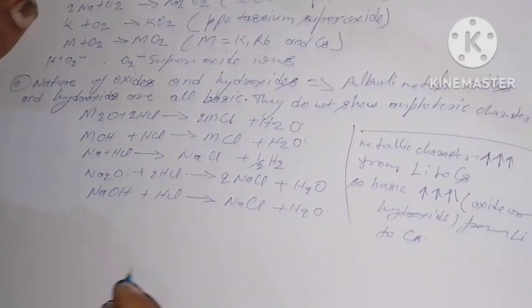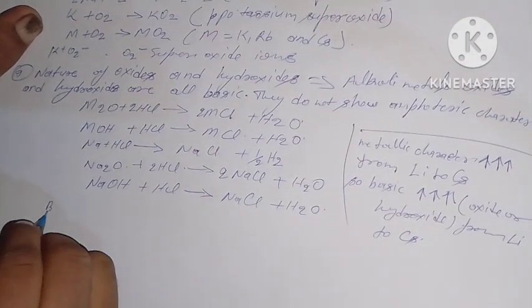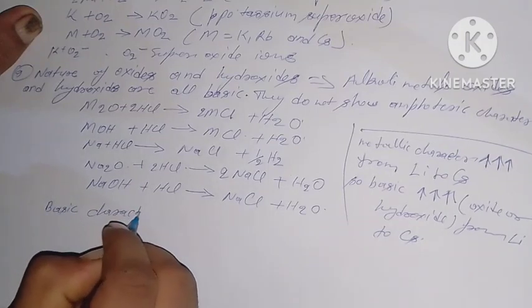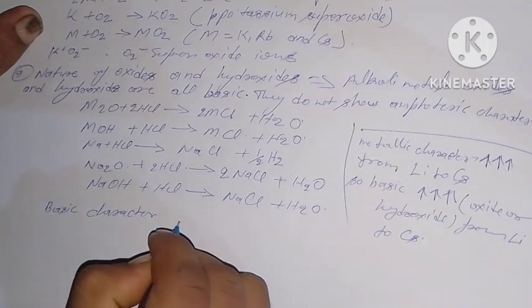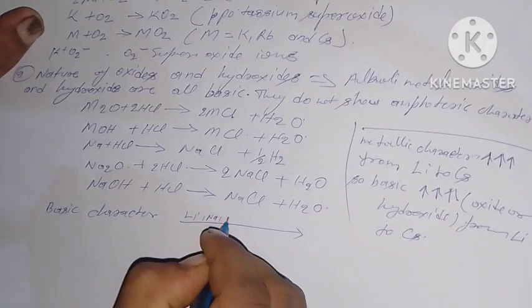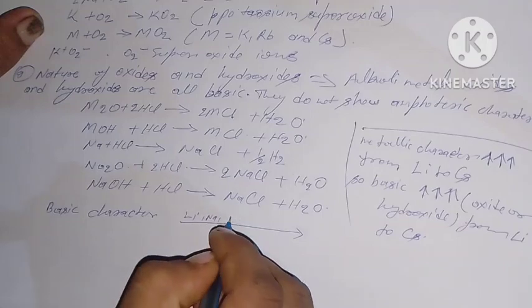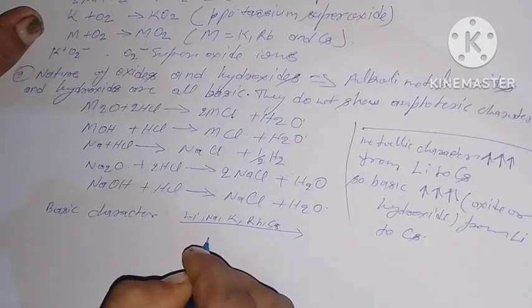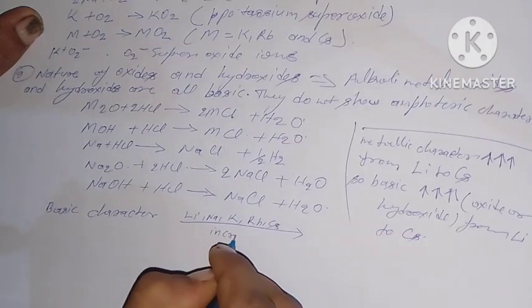Okay, so basic character increases from lithium, sodium, potassium, rubidium and cesium.